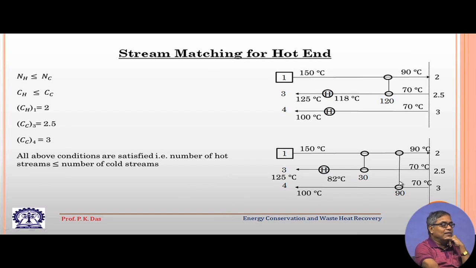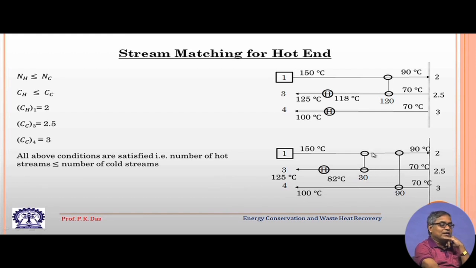The other thing is that this is not the only solution. We can think of another solution where, at the pinch end, just adjacent to the pinch point, we have one heat exchanger between 1 and 4, and the amount of heat exchange is 90 units.